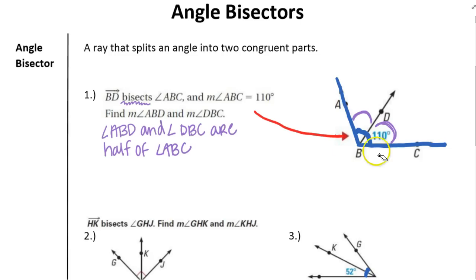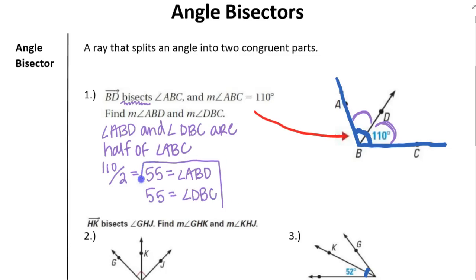This blue angle? It's 110. So if we take 110 and divide it by 2, we end up getting 55. So 55 will be the measure of ABD, and since they're bisected, they're congruent, so 55 will also be the measure of DBC. It's as simple as taking half of what the larger angle is if they're bisected.